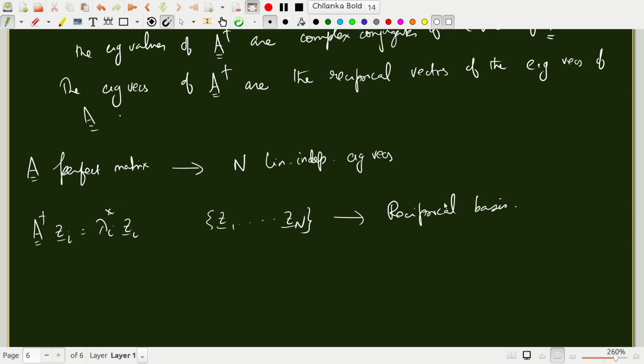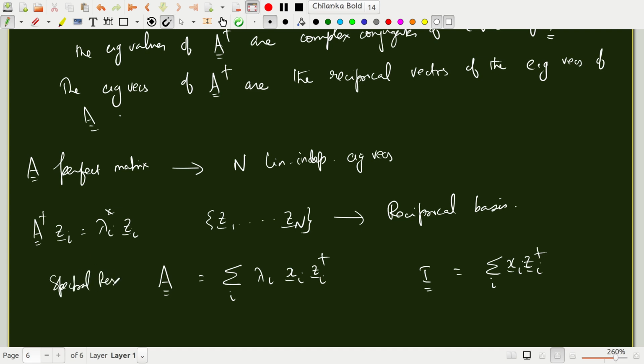Likewise, we also have A as the spectral resolution, sum of lambda_i x_i z_i dagger, and the resolution of identity I is nothing but sum of x_i z_i dagger.